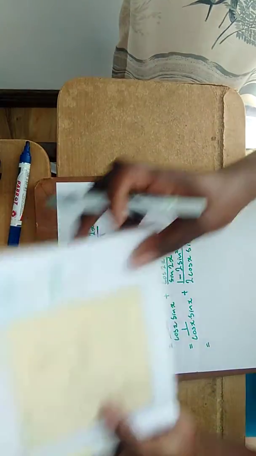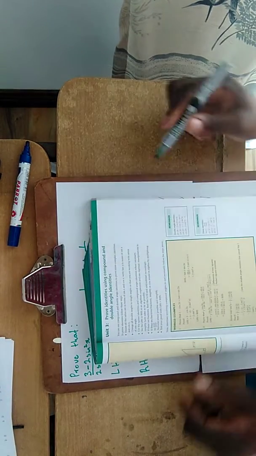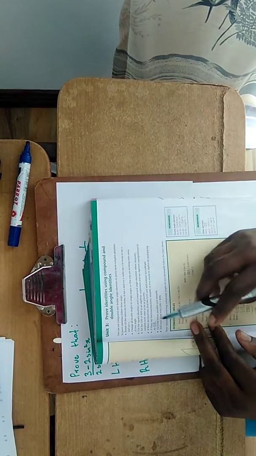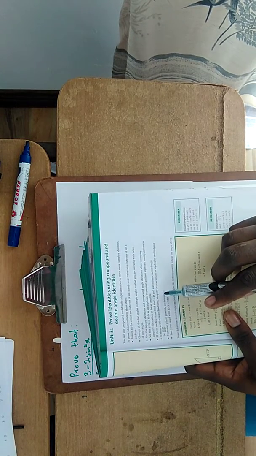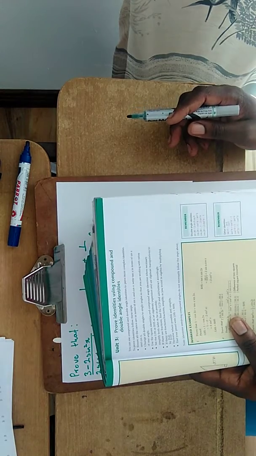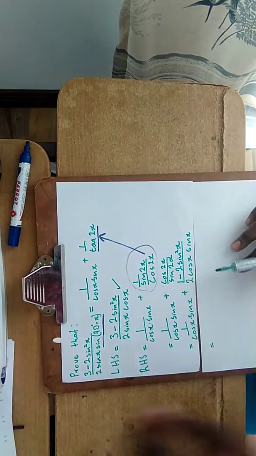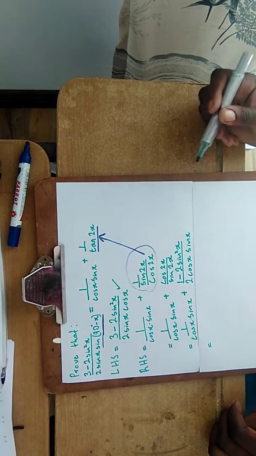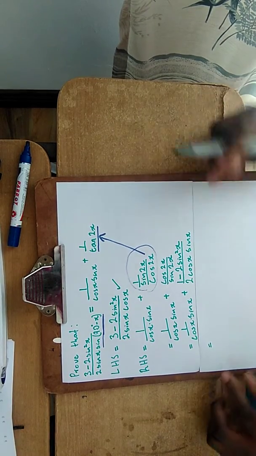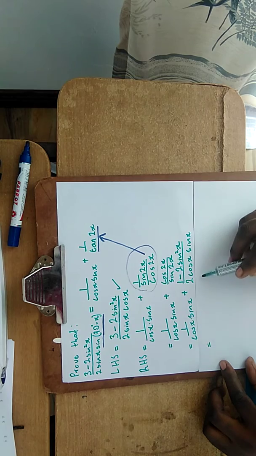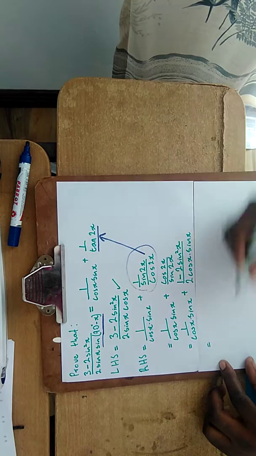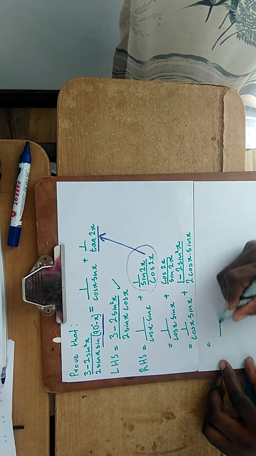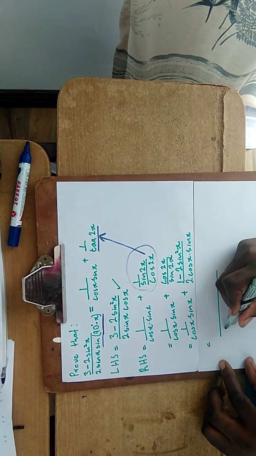We go back to the steps. They say that if there are fractions, find the lowest common denominator. So we have a fractions, now we can find our lowest common denominator. What is our lowest common denominator? Our lowest common denominator is 2 cos x sine x.